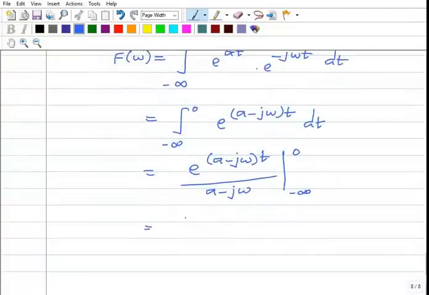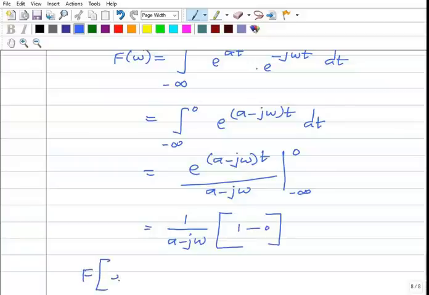So 1 over a minus j omega, if I substitute the upper limit, 1, lower limit e power minus infinity is 0. So Fourier transform of e power plus at u of minus t is 1 over a minus j omega.